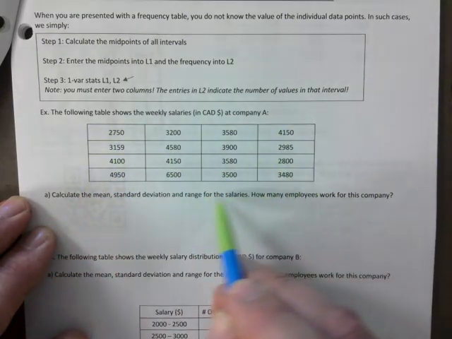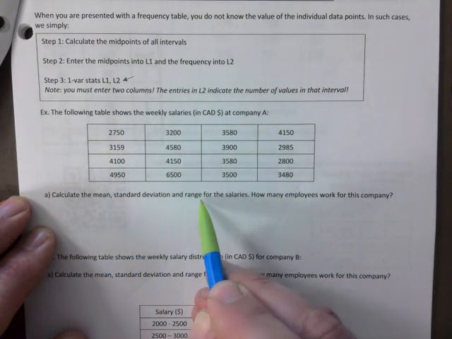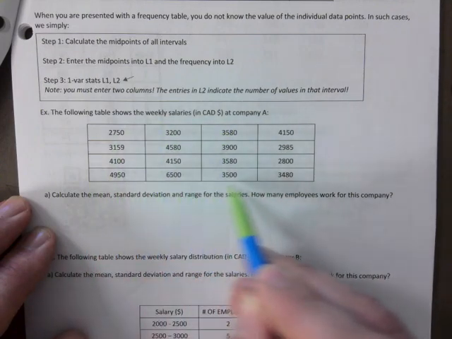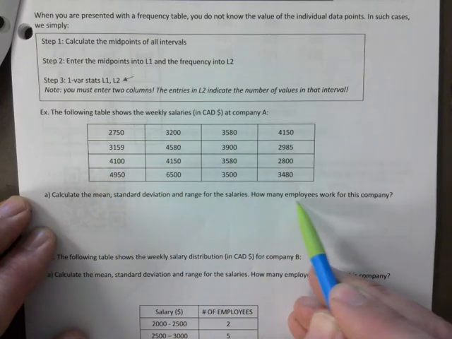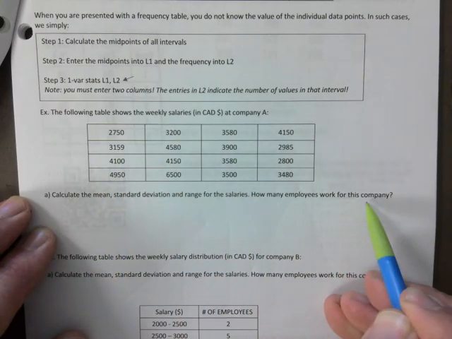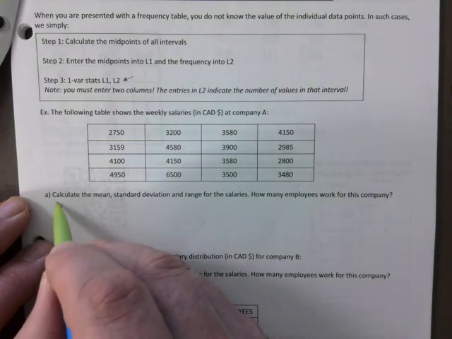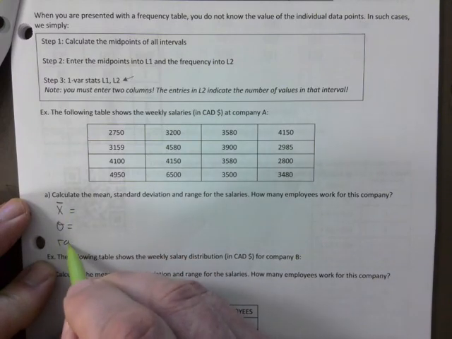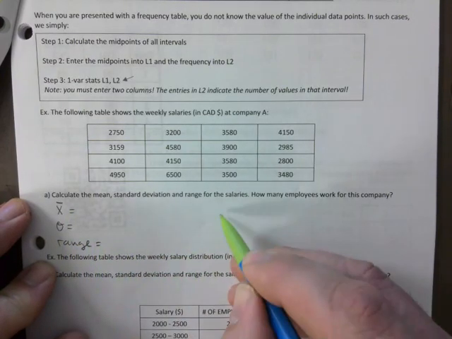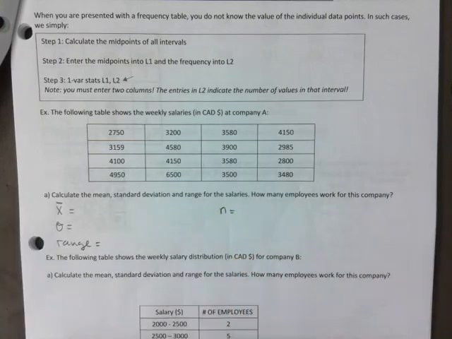And I want you to find the mean and standard deviation as well as the range for the salaries in this table. And then tell me how many employees work for this company. So in a sense, I want you to find the range, and I want you to find n, okay, for that table.